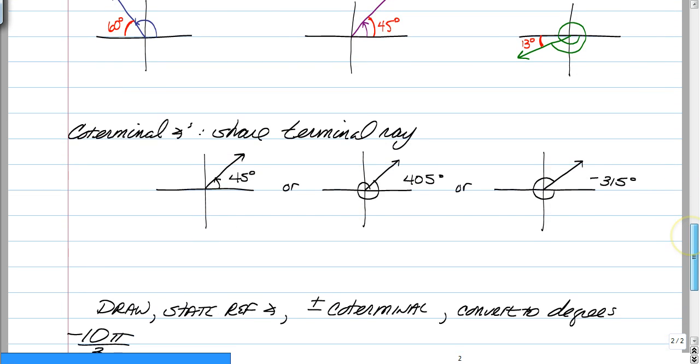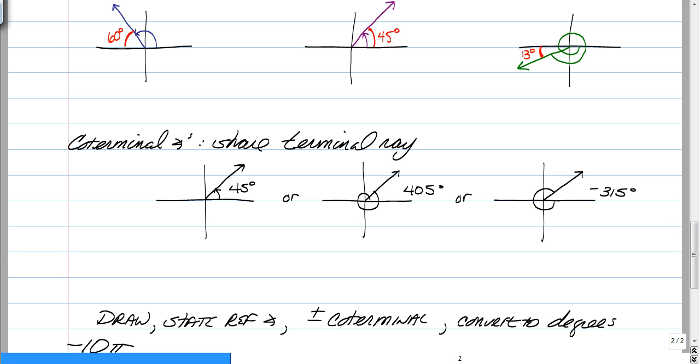Now coterminal angles are angles that share a terminal ray. So here are 3 different ways to graph a 45-degree angle to give you an idea of what a coterminal angle is. So this one, 45-degree positive angle, as you see, is just a straight swoop from here to here, and that's it.